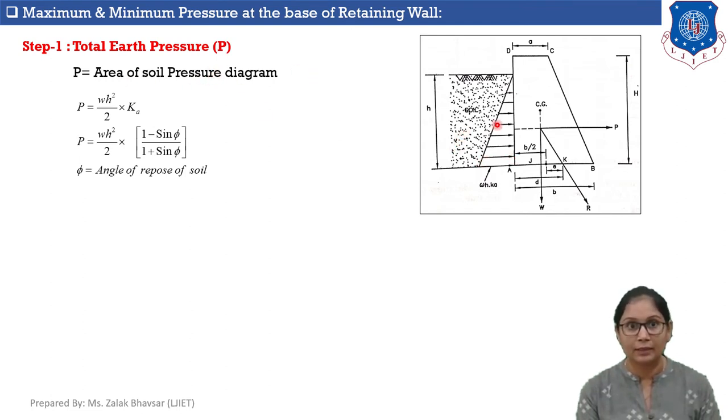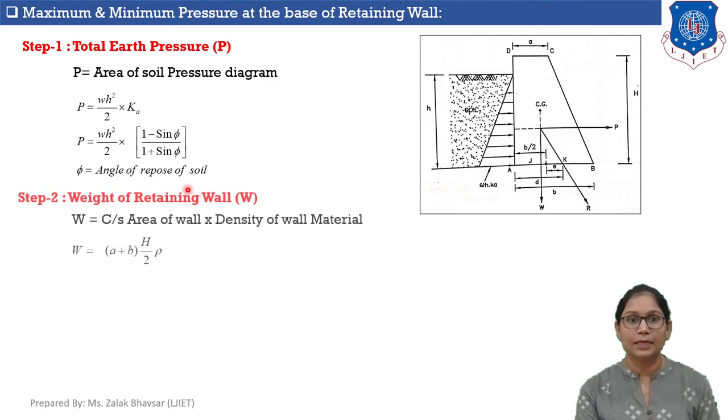The base of this triangle is wH into Ka and the height of this triangle is H. So the total area of this soil pressure diagram is 1/2 base into height, where base is wH into Ka and height is H. So we can say that P is equal to wH square by 2 into Ka. Here Ka is equal to (1 minus sin phi) upon (1 plus sin phi), and phi is the angle of repose of soil.